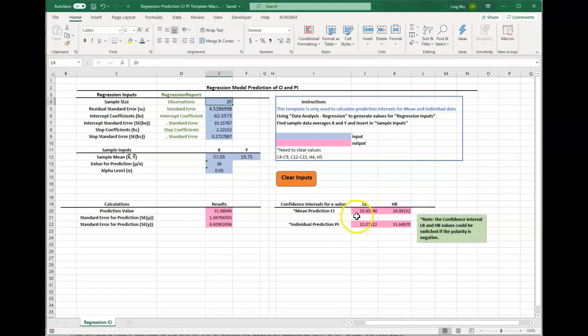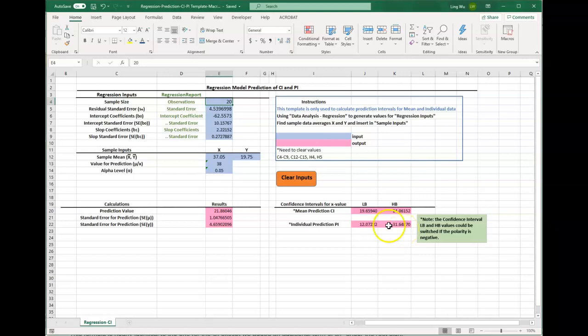The mean value prediction is between 19.659 and 24.06. These two values are around this value. And this one is for the individual prediction: an individual person's width size is 38, and the individual prediction will be wider because this is only one sample. So 12.07 to 31.65.